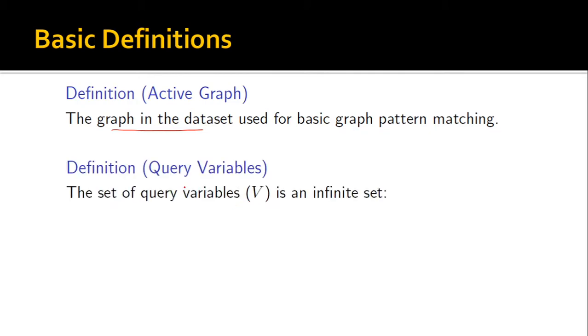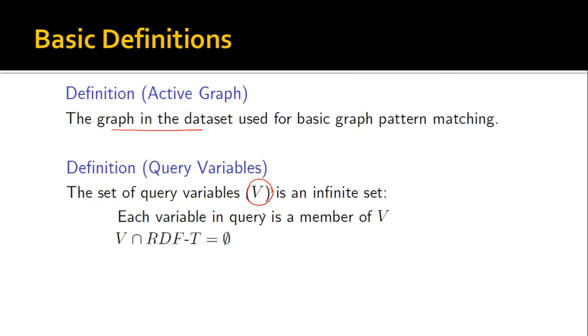Now we need to define query variables, and this set of query variables is an infinite set. So V, which is the set of query variables, is an infinite set, right? If you think of any variable in a query, that is a member of this set, and of course this set is disjoint from the RDF term set.